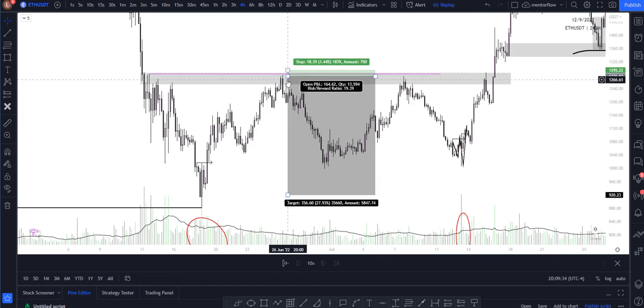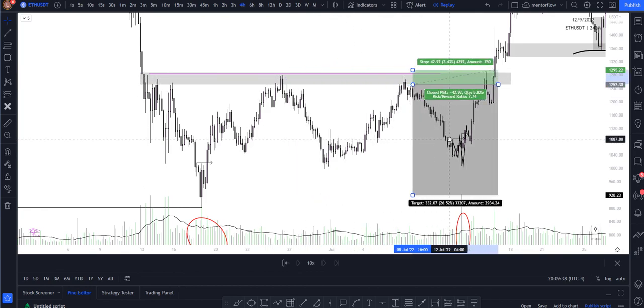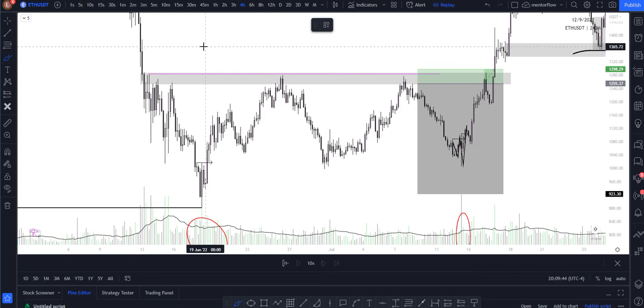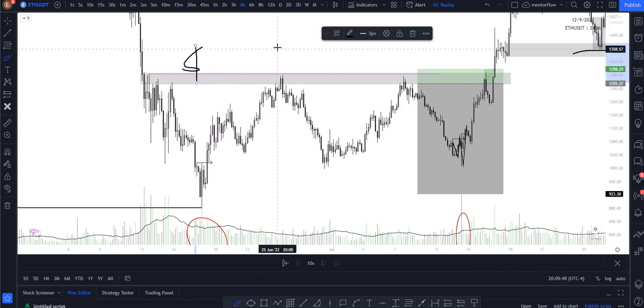So every time it comes into their area, they're shorting it. And then what eventually happens? They are now the reason that price continues to the upside. It builds all of this liquidity, all this retail short liquidity that we can see over and over again.